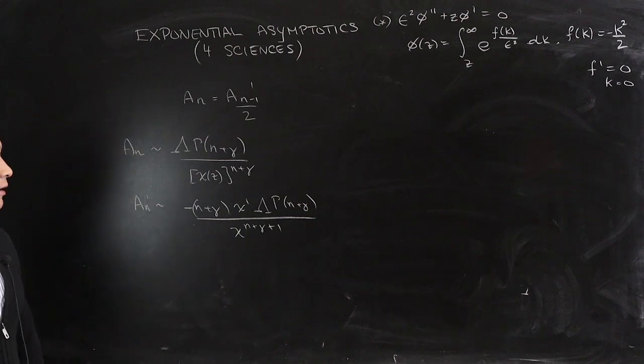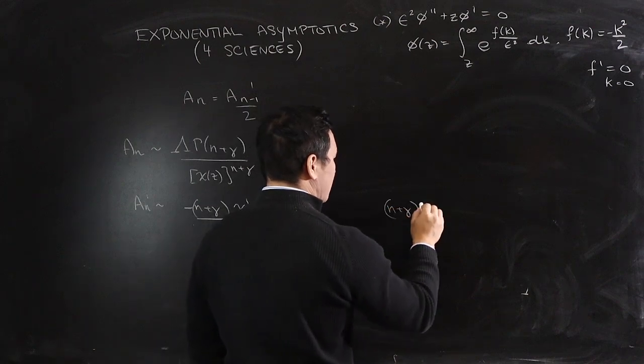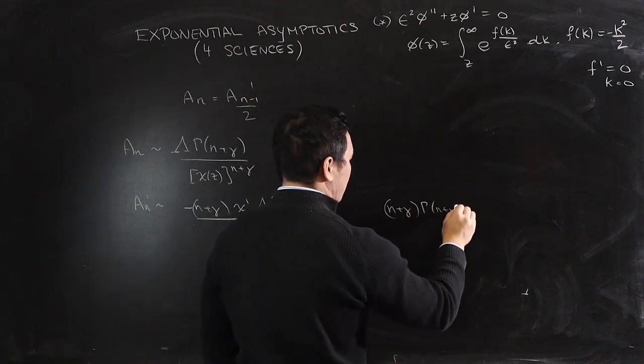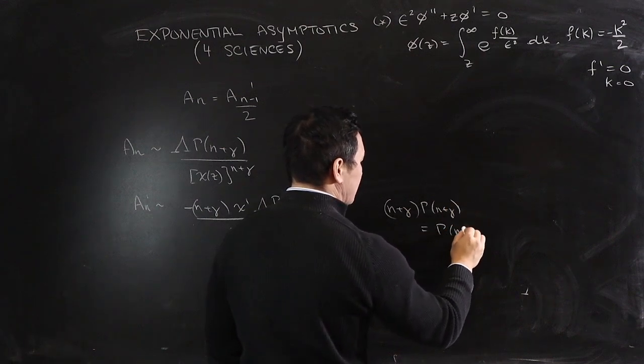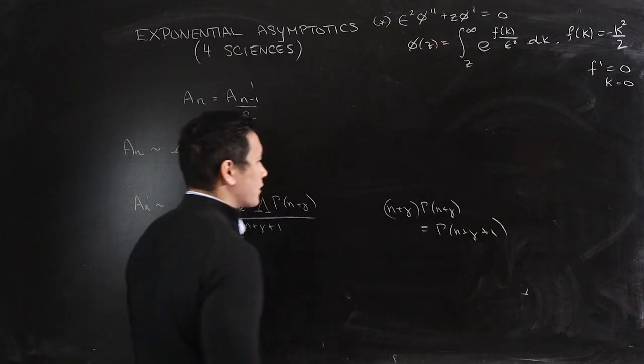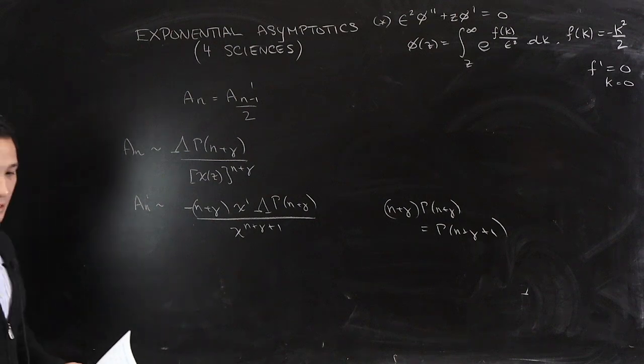Okay. Now I can use the fact that n plus gamma times the gamma function is actually equal to gamma function of n plus gamma plus 1. And so that allows me to simplify this expression a little bit.